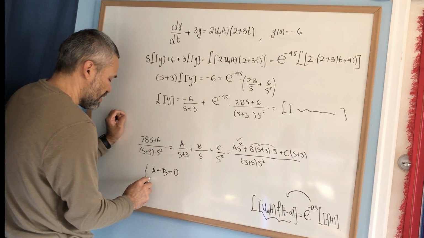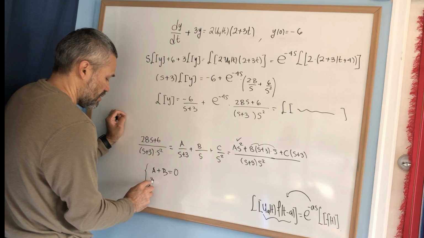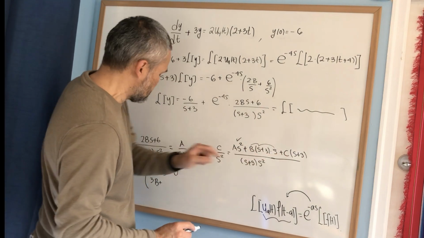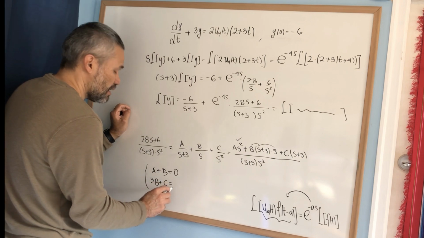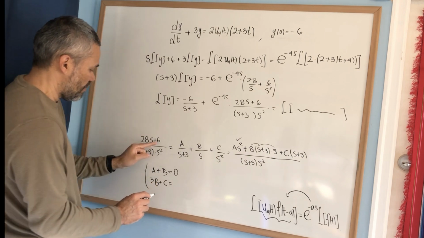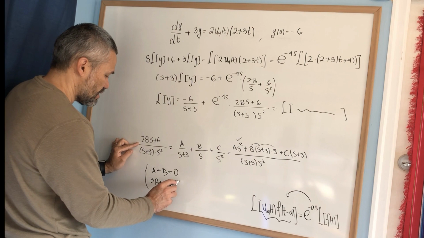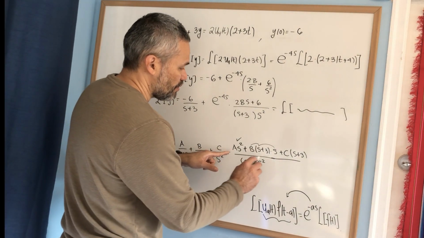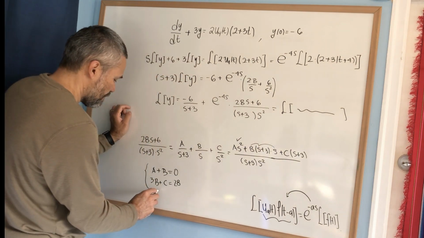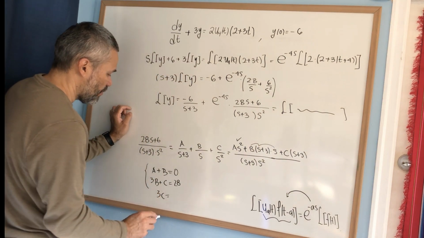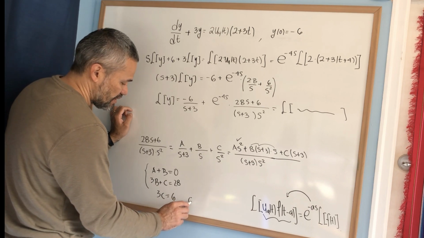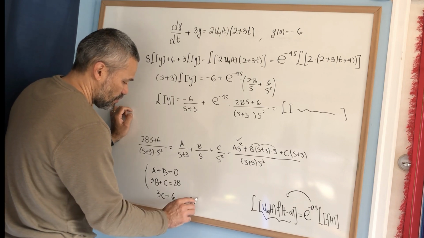And we have a 3b, and what else contributes to the s plus c? And this is equal to, the coefficient of s is 28. And what is the constant coefficient on the right? We have 3c. And we want that to be equal to 6. That means that c is equal to 2.